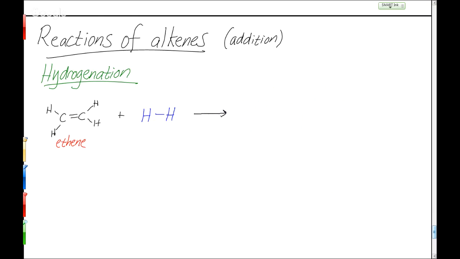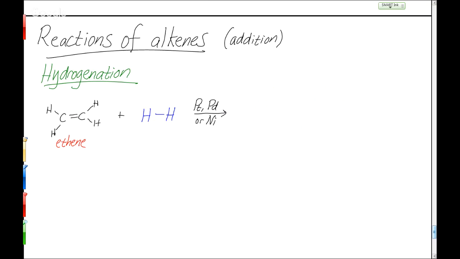and then it doesn't actually do anything until it's introduced to a catalyst, a metal that can help it do its reaction. And the catalysts that we usually use for this process are platinum, palladium, or nickel, depending on the molecule and the circumstances and how much money you have.